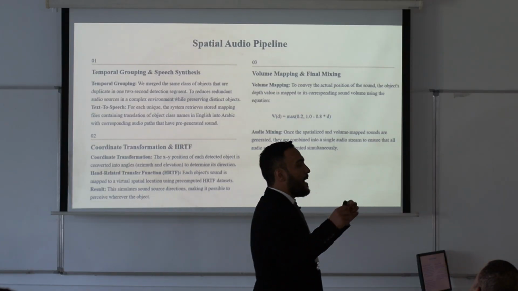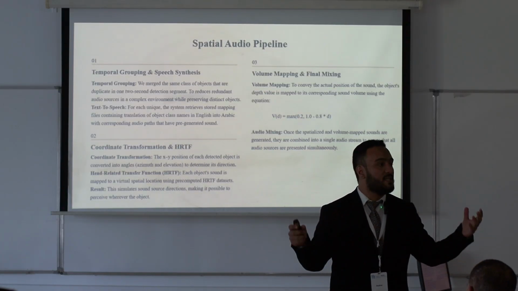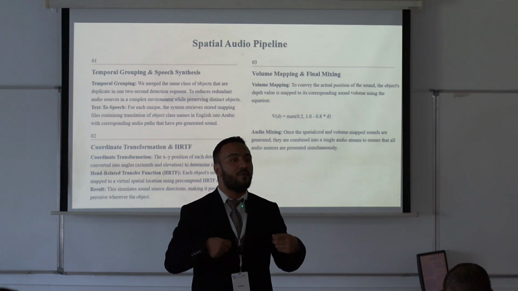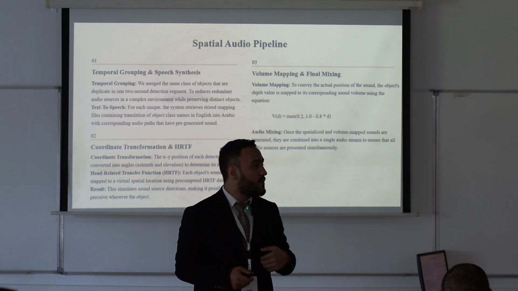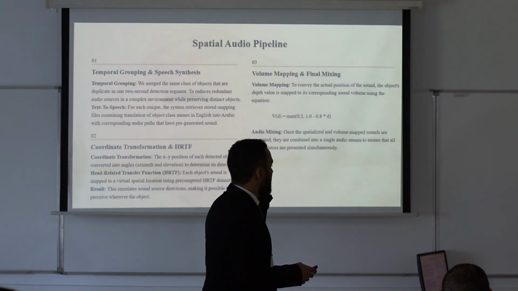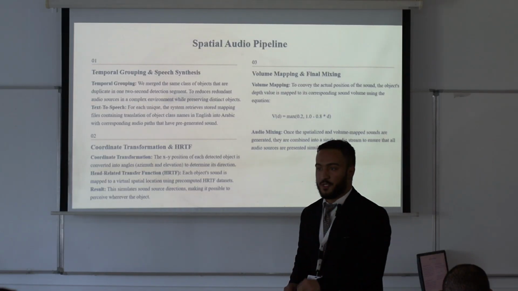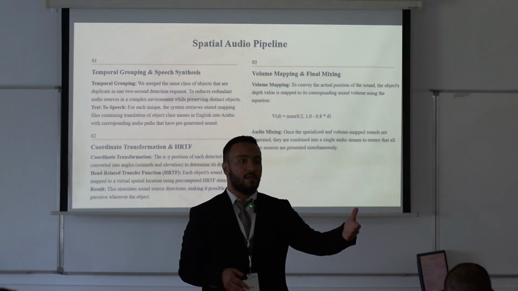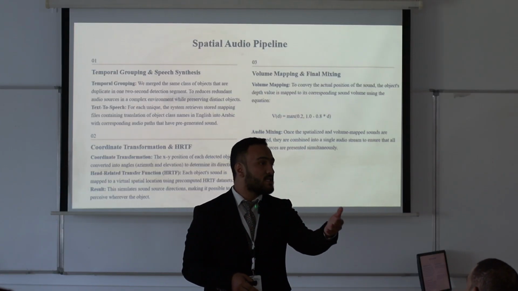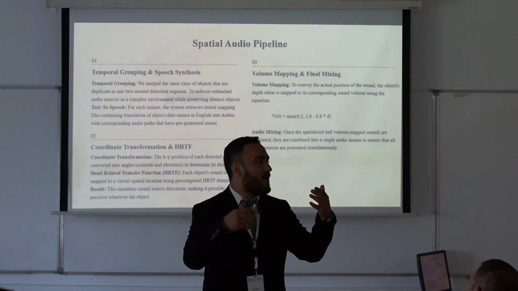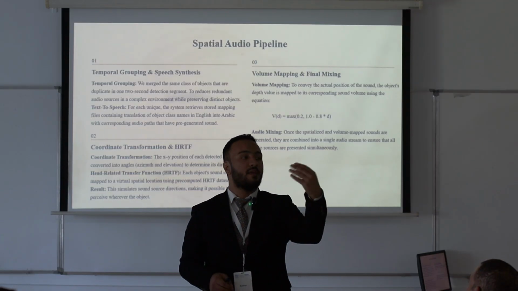We have objects in different directions, but we need to be aware of their distance to the user. So we are mapping the volume of the object sound files according to the depth information. If an object is closer than another object, I will hear a louder sound for the closer object, and a lower volume for the other object.